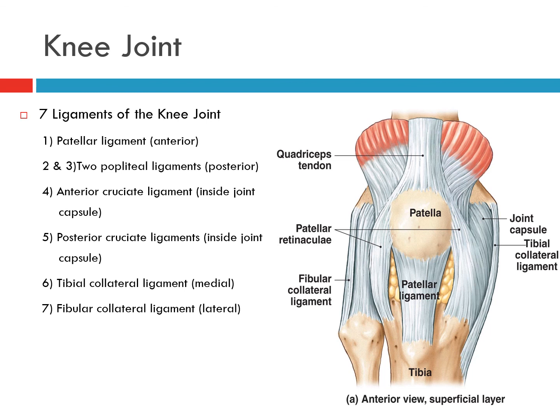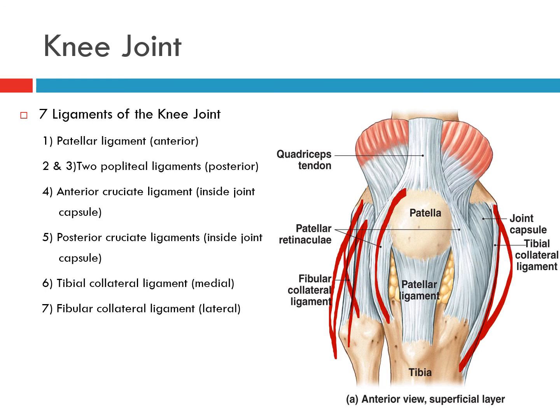Again, you can see the tibiocollateral ligament over on this side and the fibular collateral ligament over on that side. So this would be the medial collateral and the lateral collateral. And then we have this patellar retinaculum or retinaculae, which is just additional ligaments that are stabilizing the anterior knee and the patella into the tibia.